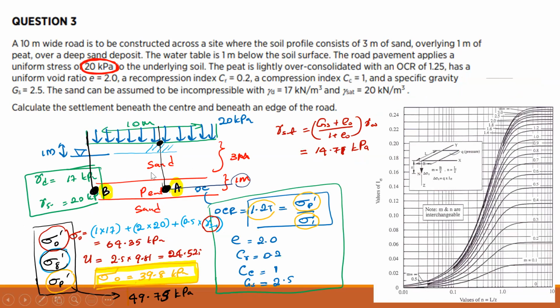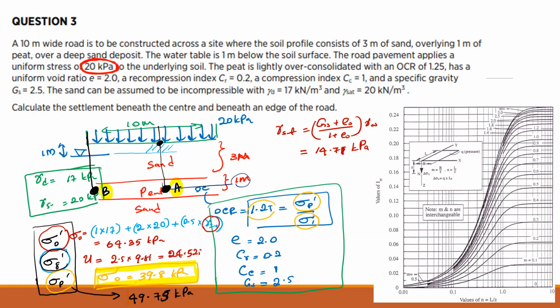Do we consider the settlement of the sand? Is that just one layer or many layers? I feel like it's a trick question, but is it just the peat? It's just the peat. Why is that? Sand has only the initial, elastic settlement, which is very small.